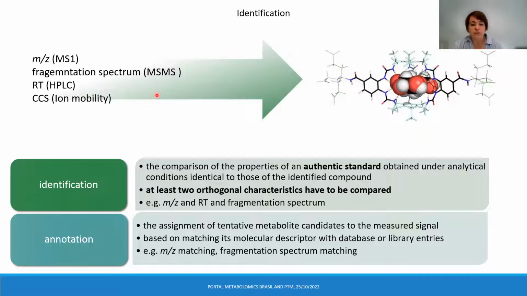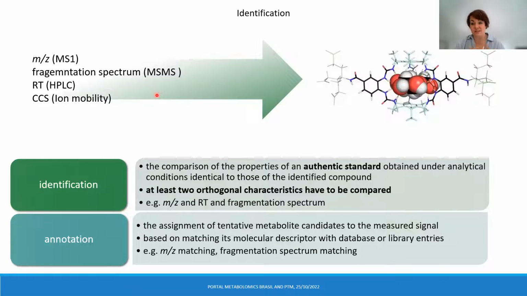Why? Because identification, by definition, is a process in which we are assigning some metabolite ID to our measured ion based on the authentic standard. So we already have some idea about what our metabolite, what our lipid might be. We are purchasing the standard.